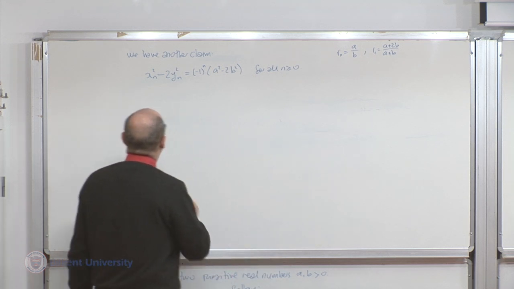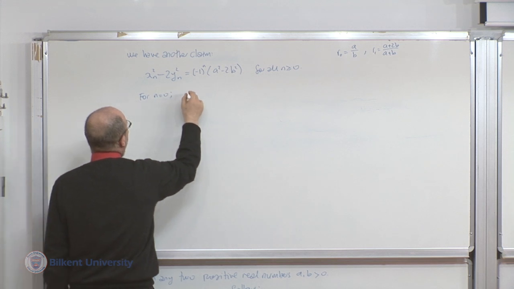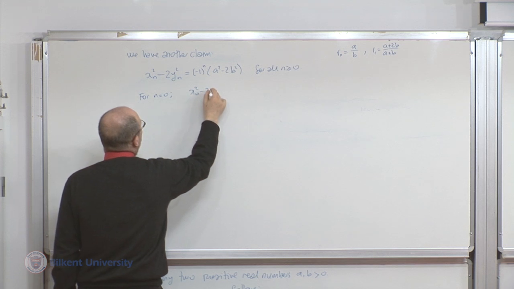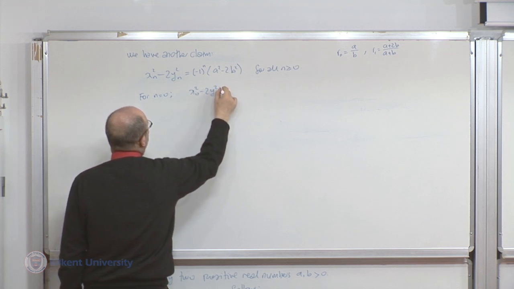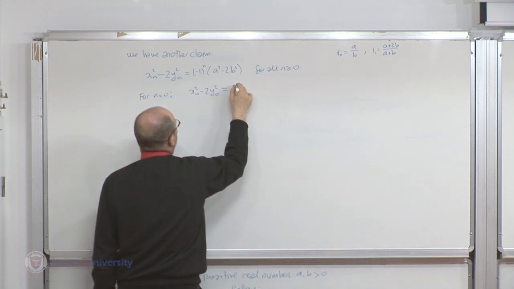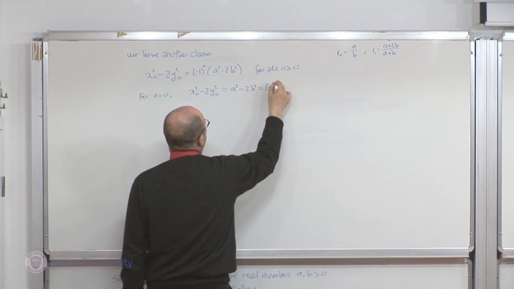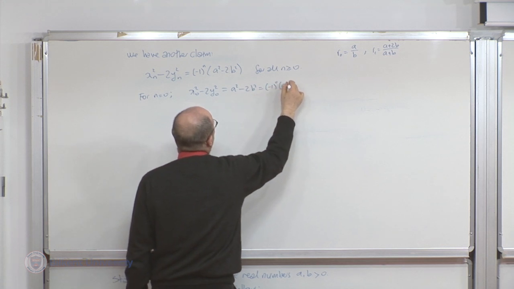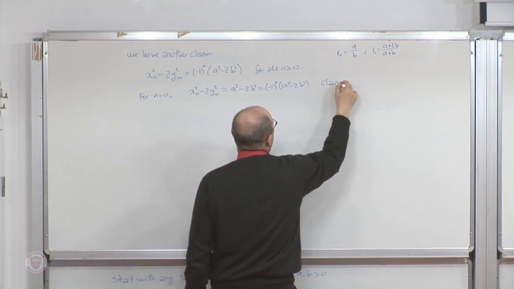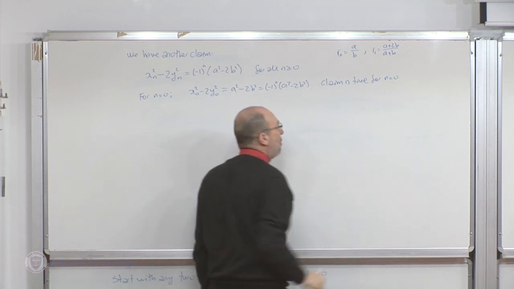Okay, so for n equals 0, we have x0² − 2y0². Well, this is equal to a² − 2b², so this is equal to (−1)^0 (a² − 2b²). So the claim is true for n equals 0.